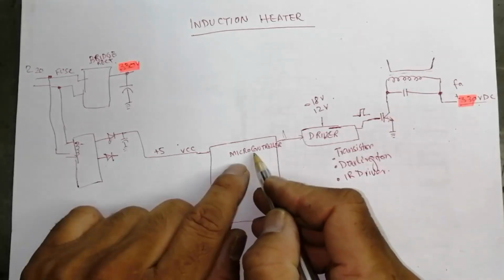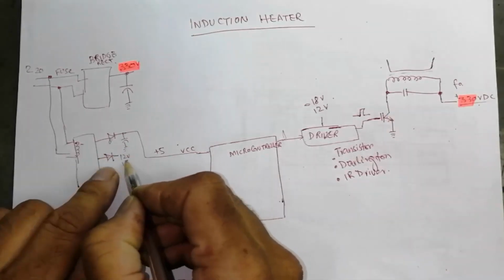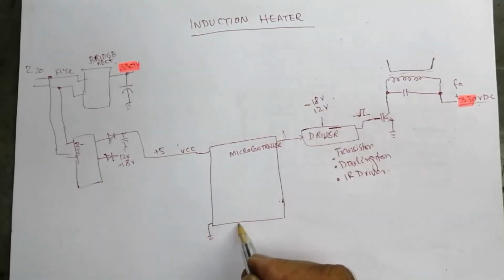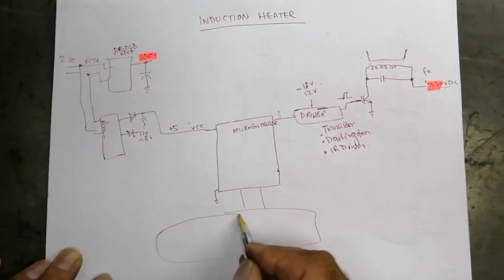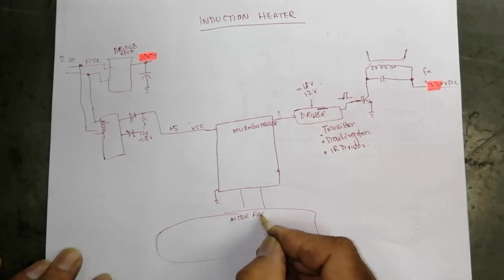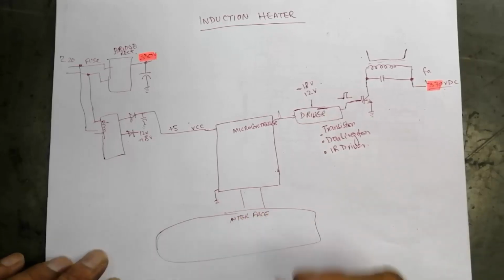This microcontroller gets VCC, and 12 volt or 18 volt is for the driver signal. We have an interface. What is an interface?